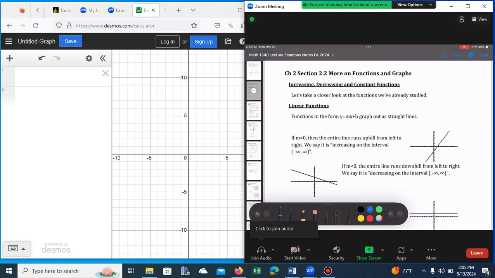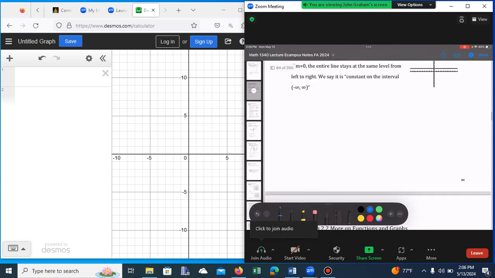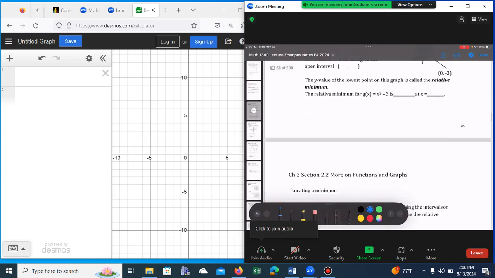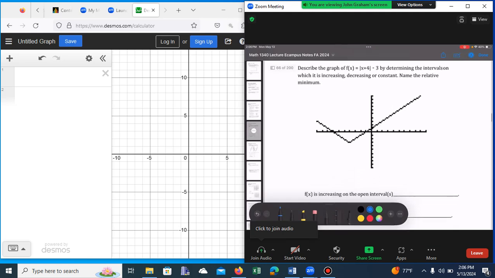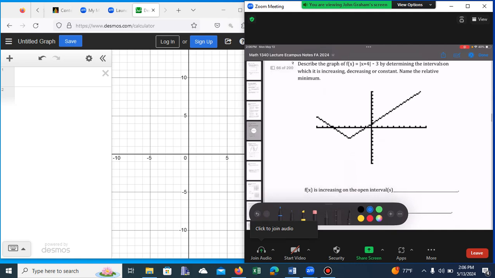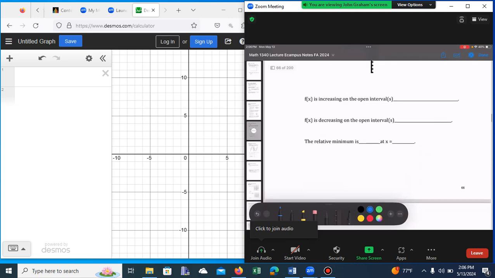And we're going to look in this first part at increasing, decreasing, and constant functions, maximum and minimums, which we won't have actual algebra methods to solve just yet, but we'll look at determining them from the graph.